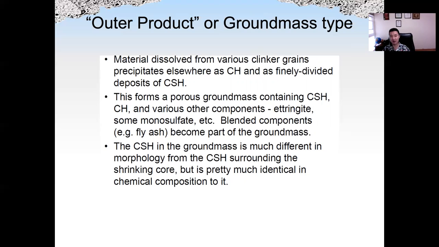And of course, the porosity will reduce when we have more hydration product. So the groundmass is the areas between cement particles and between the aggregate. Okay, so the groundmass includes CSH, calcium hydroxide, ettringite, monosulfoaluminate. Sometimes also fly ash if we have a blended component in concrete, and also air voids.